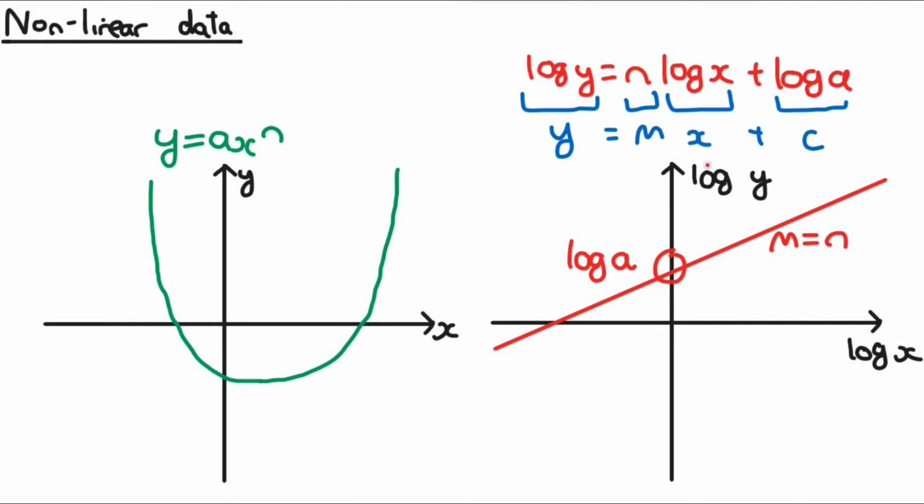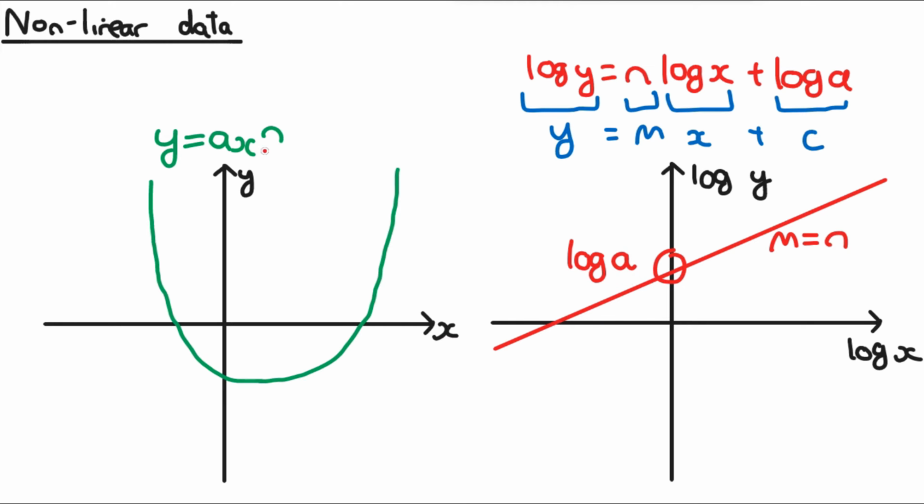But why is this actually useful? With this graph here, it's quite hard to tell what the values of a and n are. We need a lot of points in order to do it. But with this graph here, we can easily find the values of a and n because we can easily find the gradient of a straight line. We talked about this in chapter 5 about finding gradients of straight lines, and this will be equal to this value here, n, and we can easily find the y-intercept.